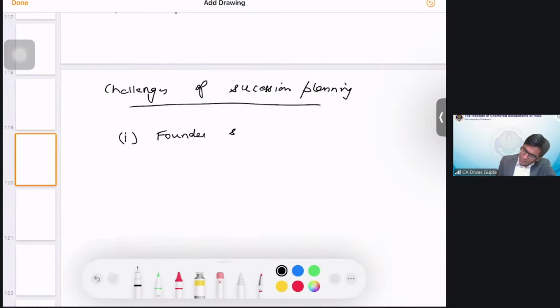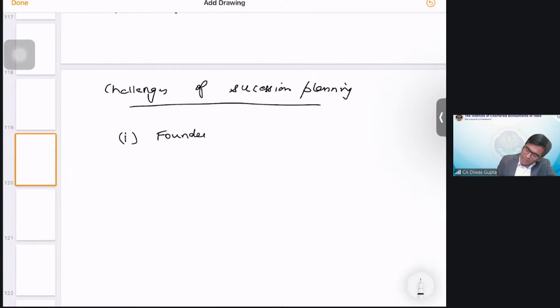In case of a startup, the face of the startup is the founder itself. Okay. So it would be very difficult to do a succession planning for the founder position of a startup, right? Because they are actually the brain of that startup. Okay. Then, second, for startups, it will be a premature activity because it will involve time, cost, and efforts.